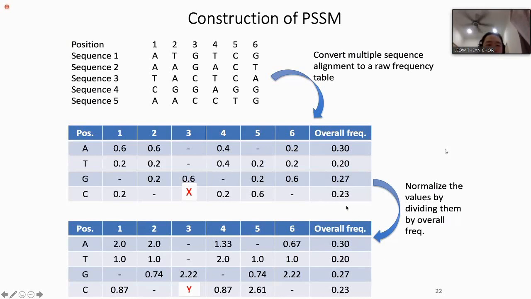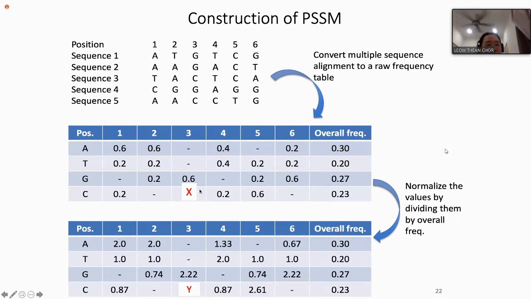They will normalize the values inside here. For example, at column 1, how to calculate this normalized frequency is very easy. At column 1, A is 0.6, and the overall frequency is 0.3. So 0.6 divided by 0.3, you get 2 here. Right?